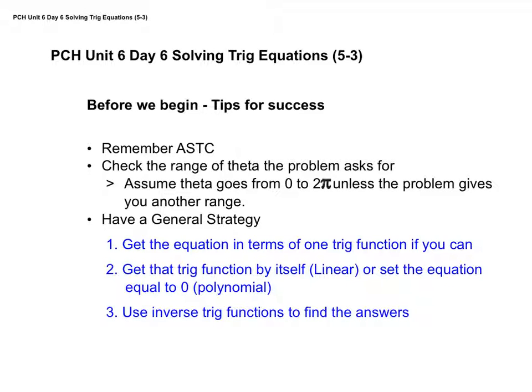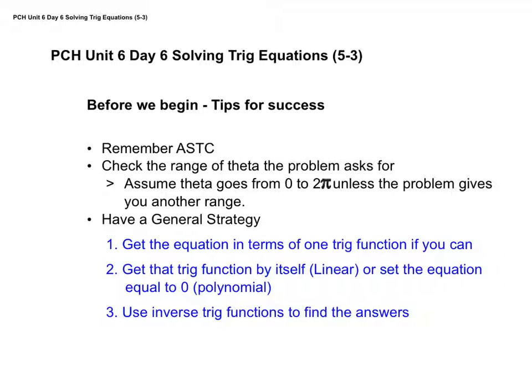So if you've got an equation that has sines and cosines in it, you need to try to work on that and get it to where it's just in terms of one trig function. Since we have an equation that may involve squaring both sides, or if you divide, you could make it in terms of tangent. It'll all depend on the situation.